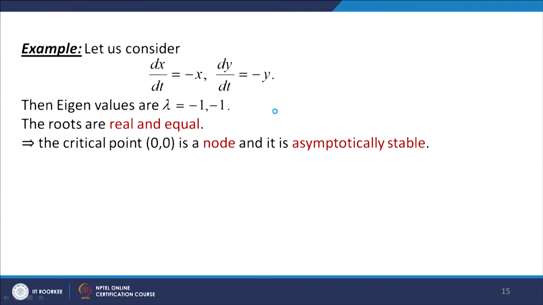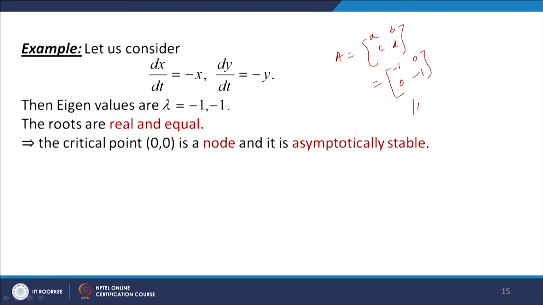Now let us take an example on this. Suppose we consider dx by dt equal to minus x, dy by dt equal to minus y. Then the matrix A, with entries a, b, c, d, is equal to minus 1, 0, 0, minus 1.